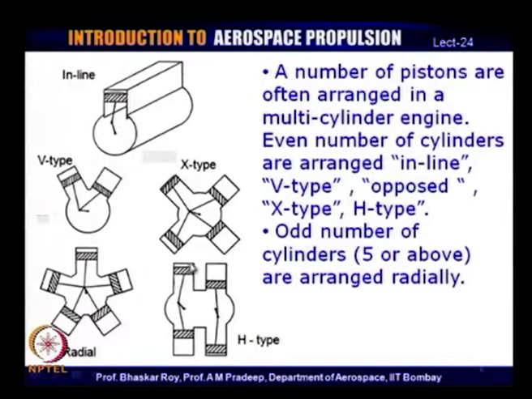And the other possibility is, if you have an odd number of cylinders, depending on, as I mentioned earlier, the aggregate amount of power that is required finally to drive the propeller. If you land up with a number that is 5, or for example 7 or 9, and if the aircraft shape accommodates it, quite often one of the arrangements is referred to as the radial arrangement, where you have 5 or 7 or even up to 9 cylinders arranged radially around the central crankshaft.